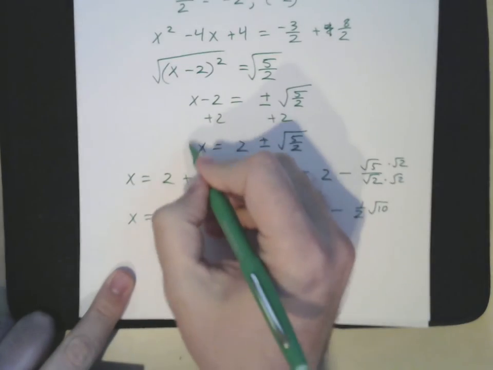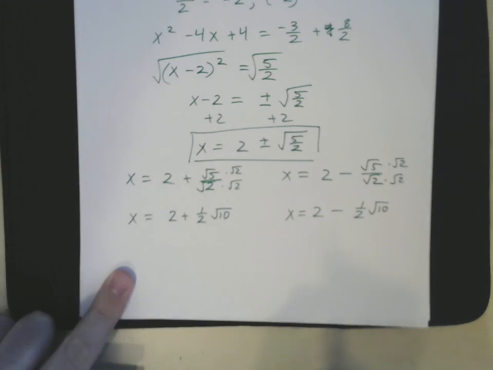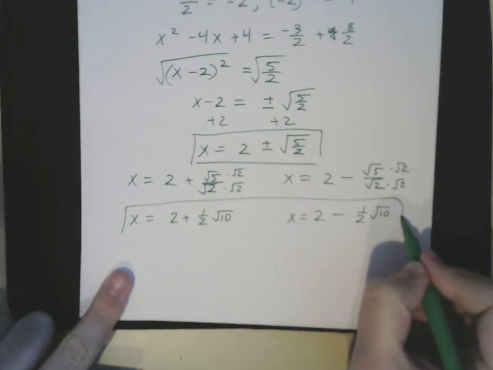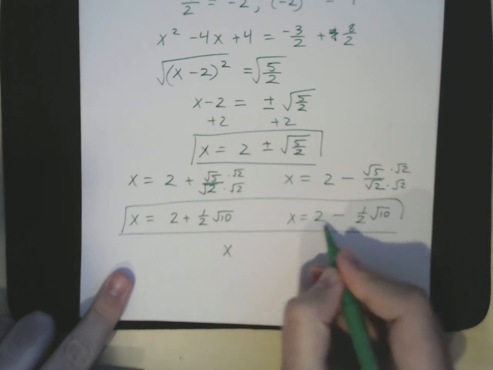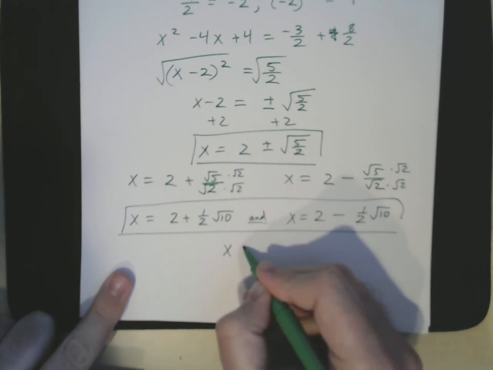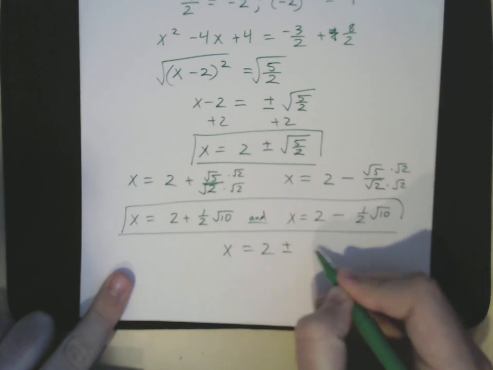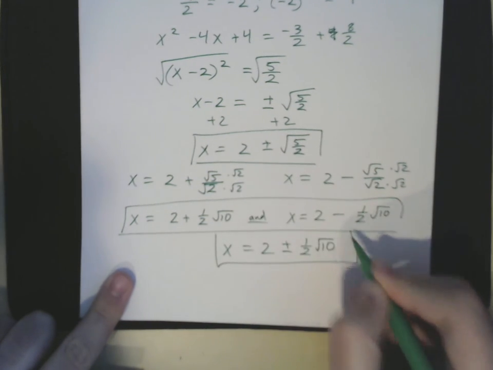And then for me, this is a good answer. These are good answers. You could even combine this grouping here as x equals 2 plus or minus 1/2 square root of 10 as well, and that would be a good answer.